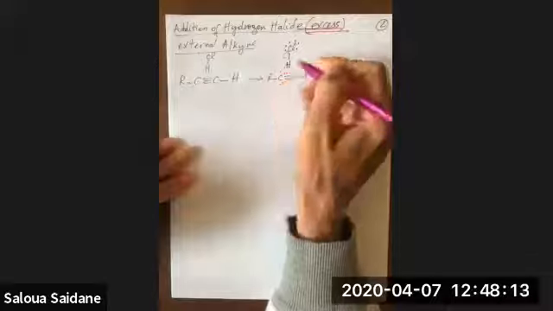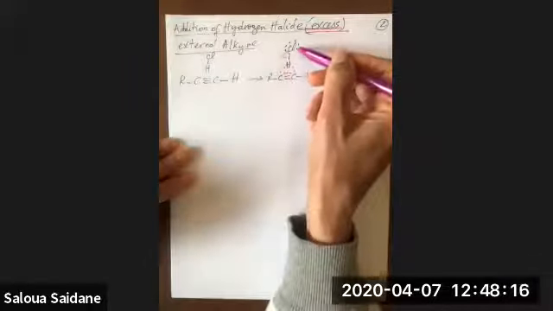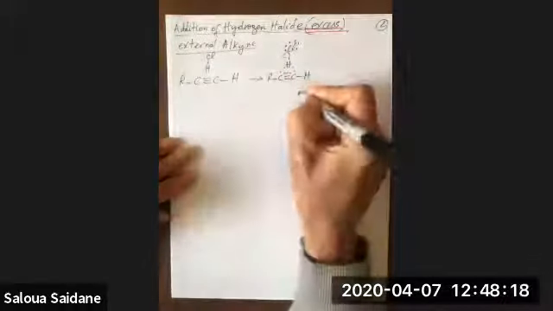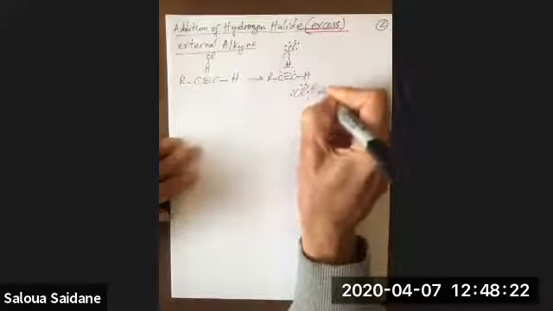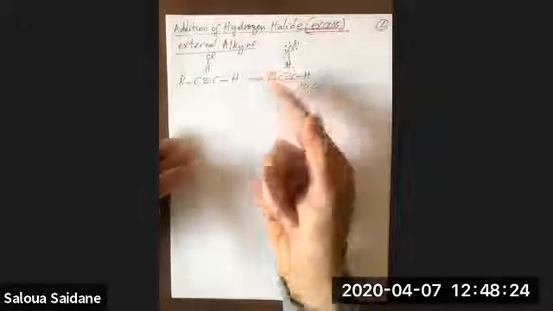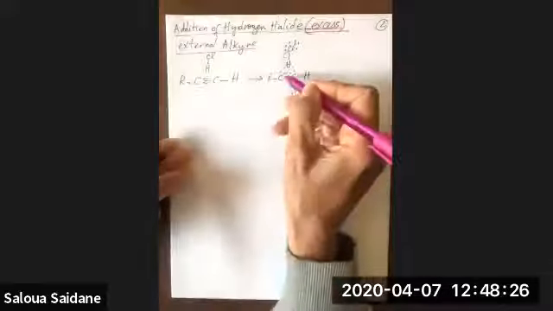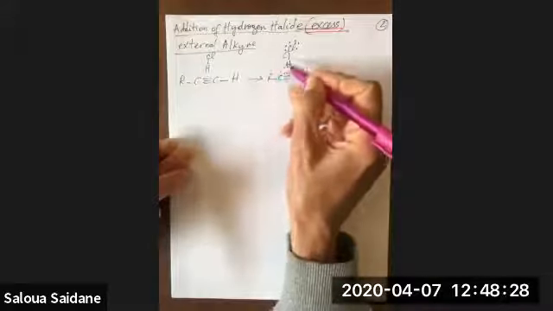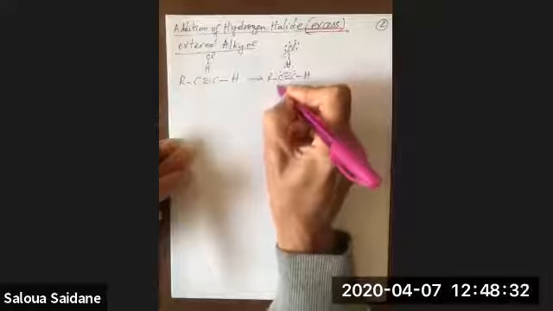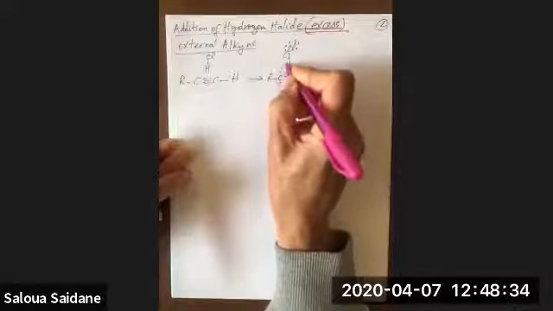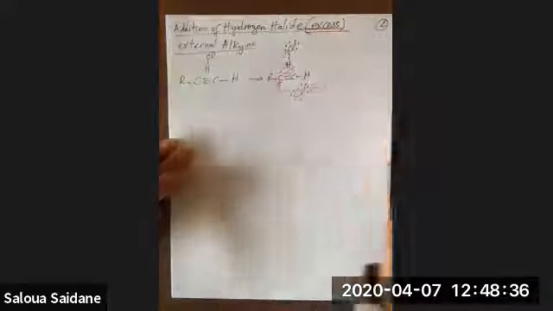So this has to open. So we already established that the chloride here comes from the bottom, and it will add to the most substituted carbon, because this would be the highest carbocation. This primary, this is secondary. So this adds here, this opens, and this opens here.